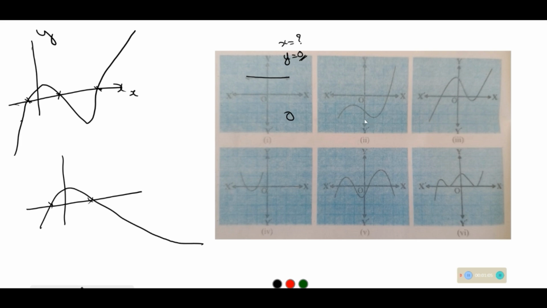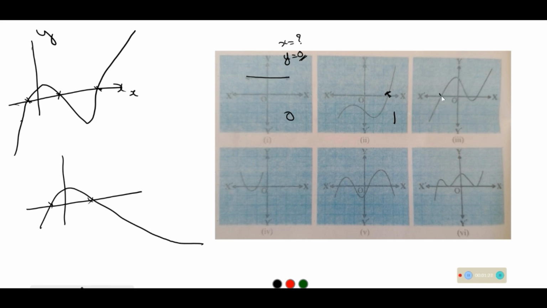Okay, so this is another equation. When it's going here this way and going here and going here, what is the touch point on the x-axis? Only at one value of x, y is becoming 0. So it has only 1 root.